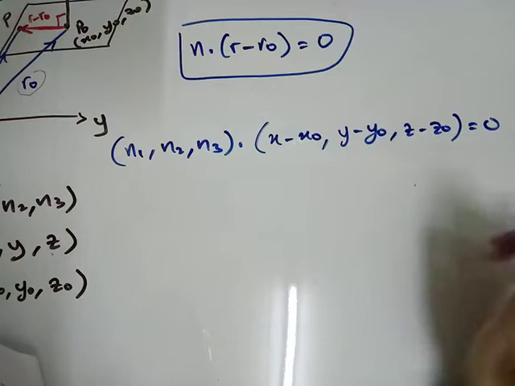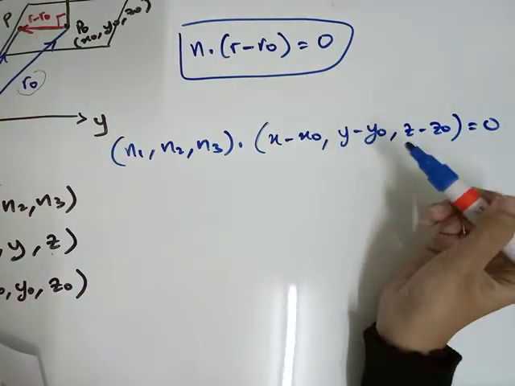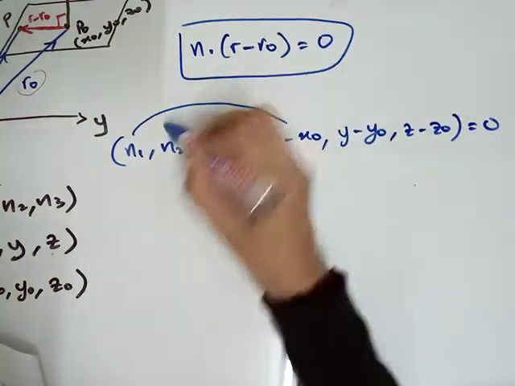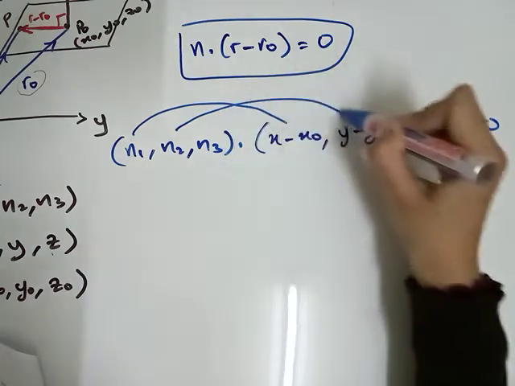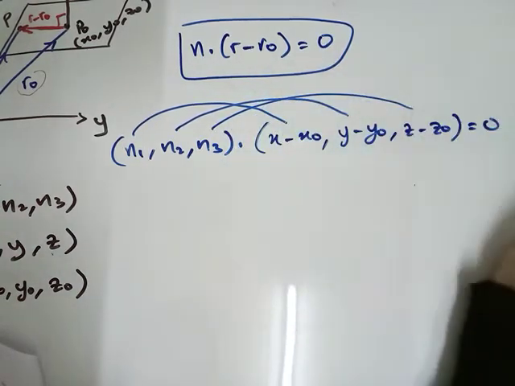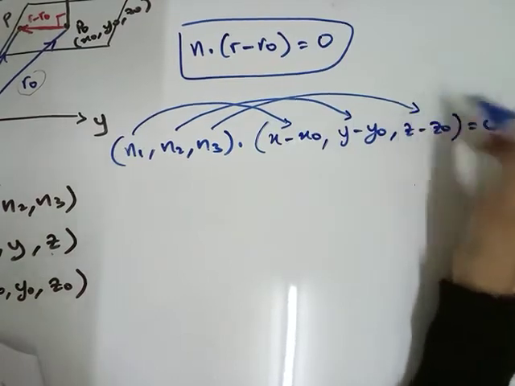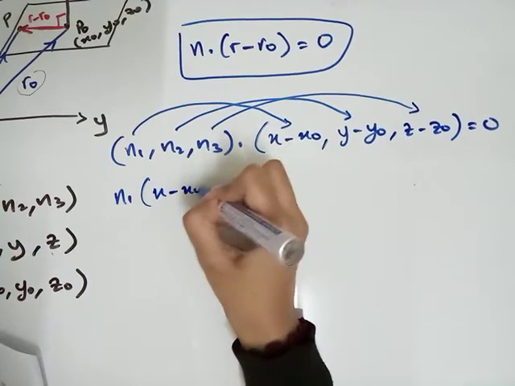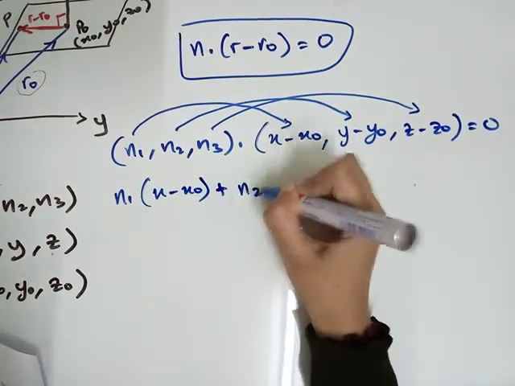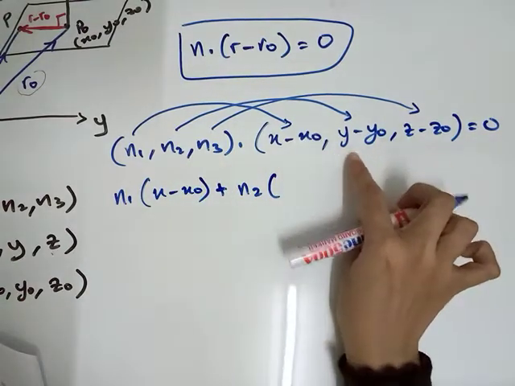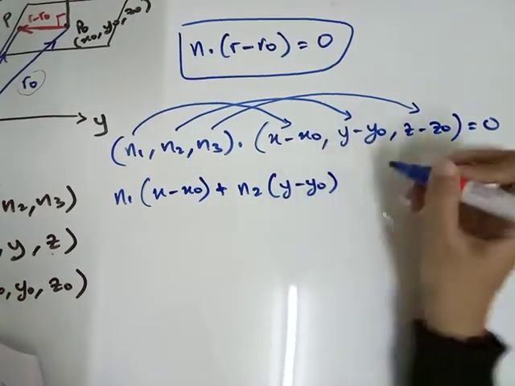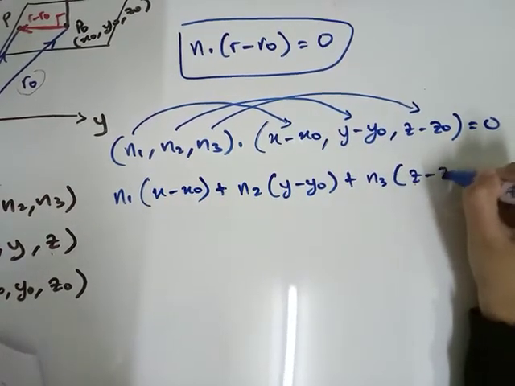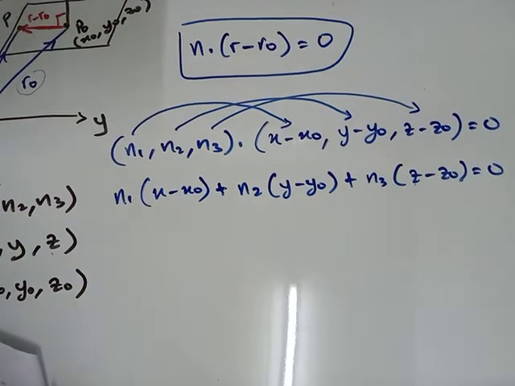Then you have to use the dot product concept: n1 times the value for x, n2 times the value for y, and n3 times the value for z. So n1 times x minus x naught, plus n2 times y minus y naught, plus n3 times z minus z naught equal 0.